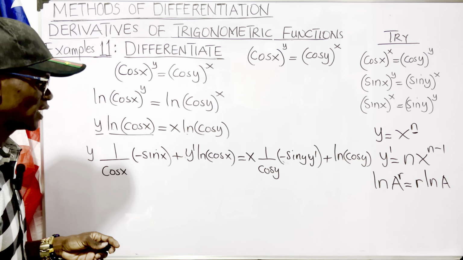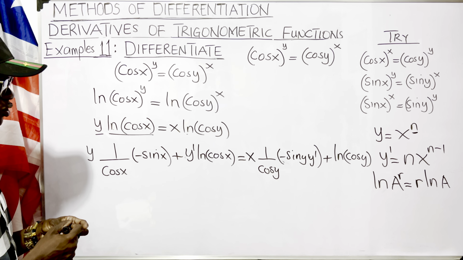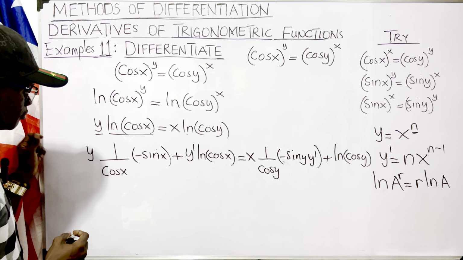Now we can simplify. Remember, all of the terms with y prime, we must group on one side of the equation so that we'll be able to solve for y prime.